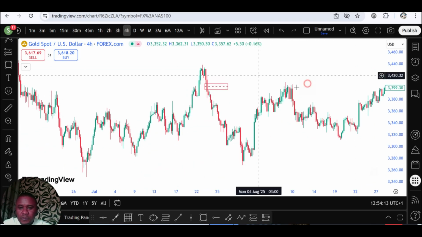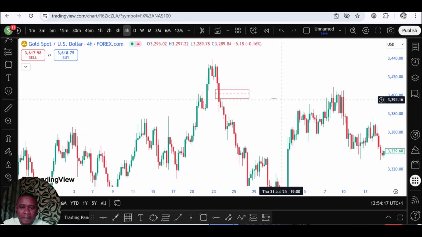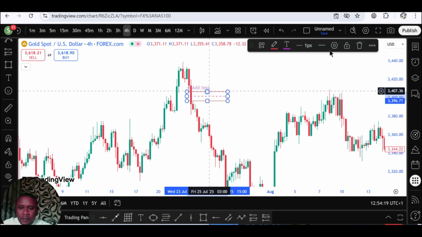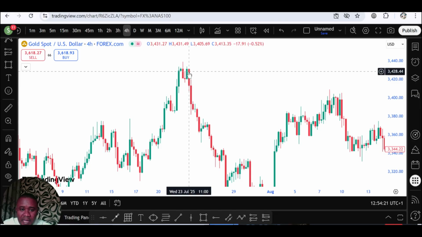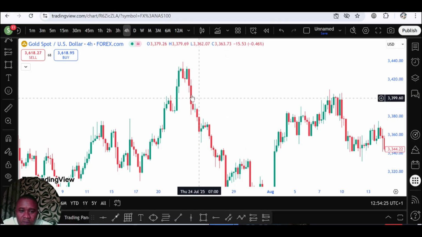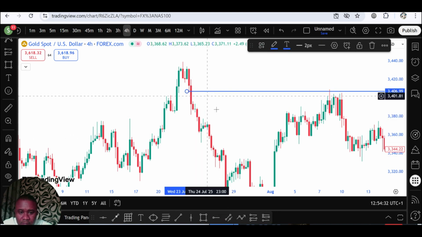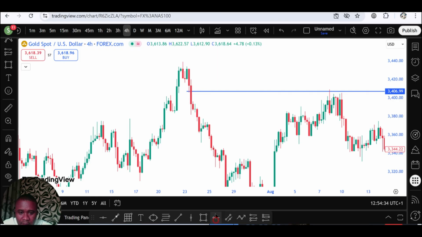This is gold on the 4-hour time frame. I want you to see what happened here. Look at candle 1, candle 2, and candle 3. This is the low of candle 1, and this is the high of candle 3.